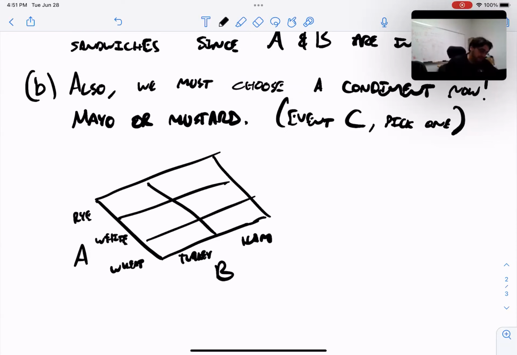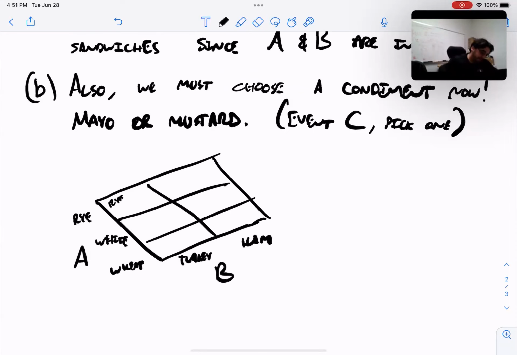So this would be turkey on rye, this would be white bread with turkey, this would be ham on rye, and so on. That would be just events A and B, and so on, writing out the others.